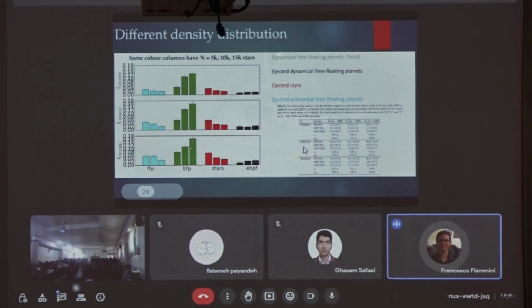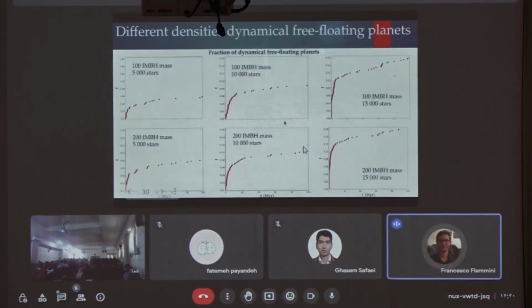As you see, the density is still a very strong parameter, but there is also an important contribution from the black hole itself, which we can see much better here, in which there is a 0.02 fraction of free-floating planets that are created in the first 5 megayears.